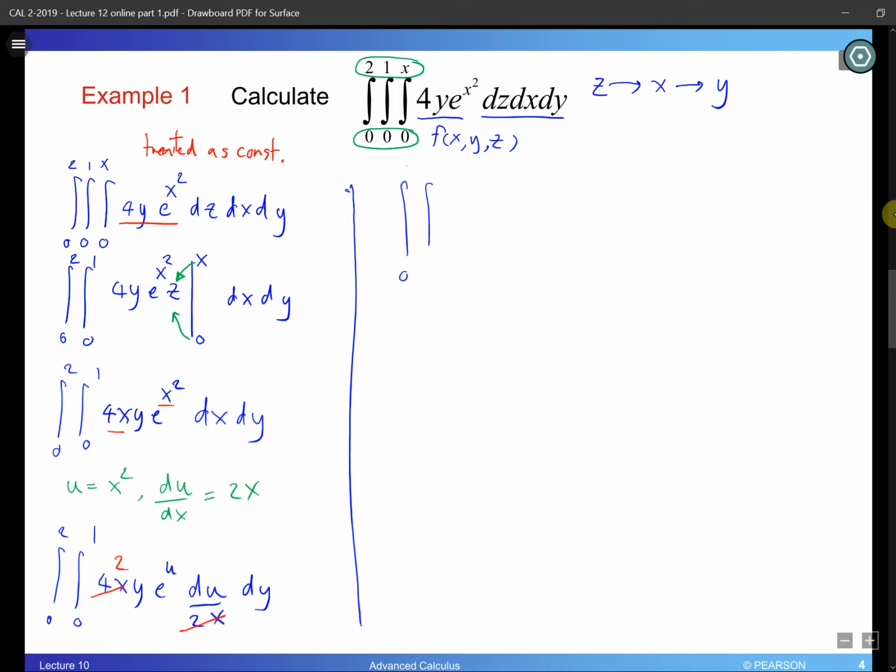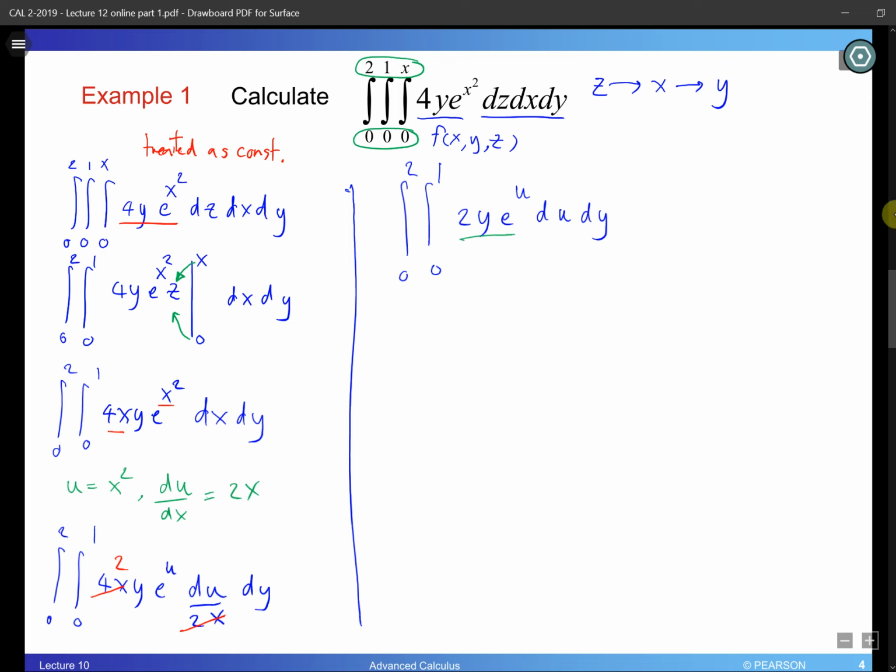Now, next part, we are going to have this double integral, 0 to 2, 0 to 1 of 2y e to the power of u du, and then dy. Now we just need to integrate this with respect to u, and as you can see, exponential of u, nothing changes after integration.